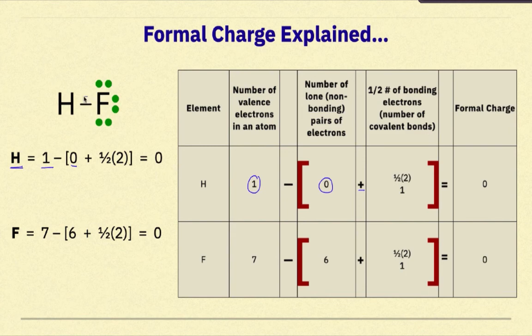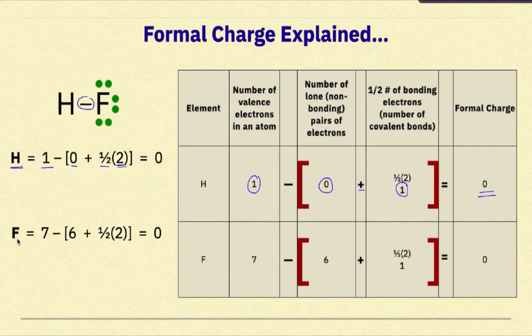There is 1 covalent bond here, and in that bond are 2 shared electrons, the 2 electrons shared between the hydrogen and the fluorine. So we could say 1/2 of 2, or just say the number of covalent bonds, which is 1. So 1 minus 1 gives us 0.